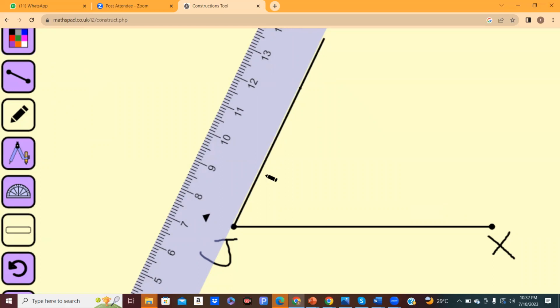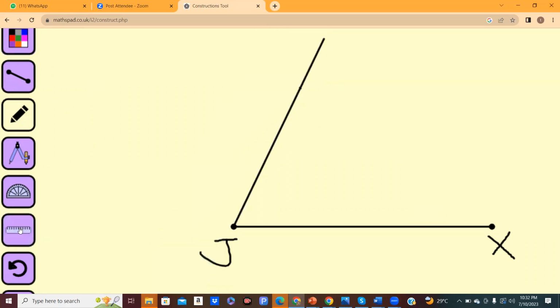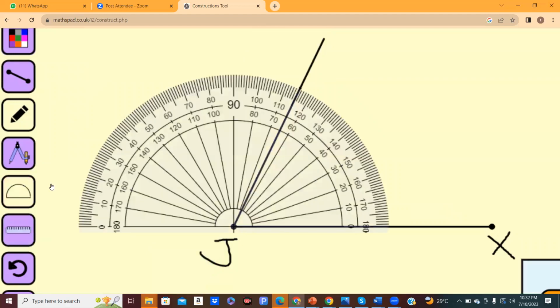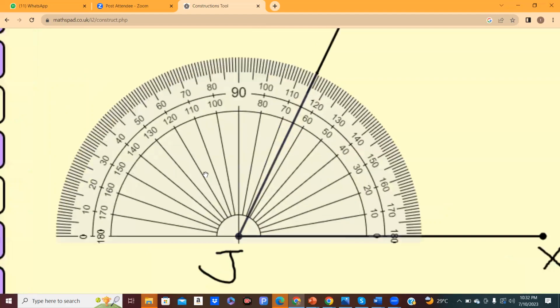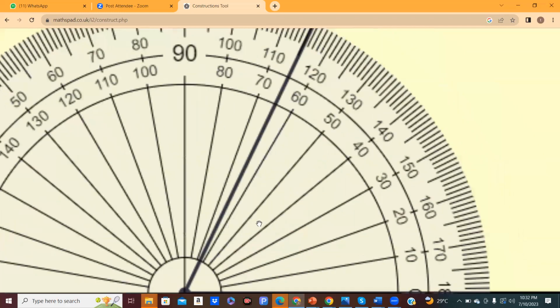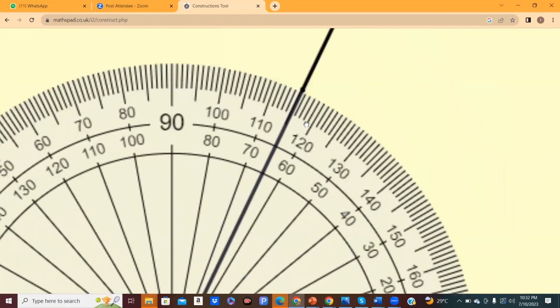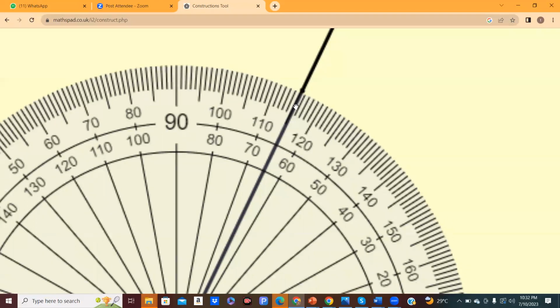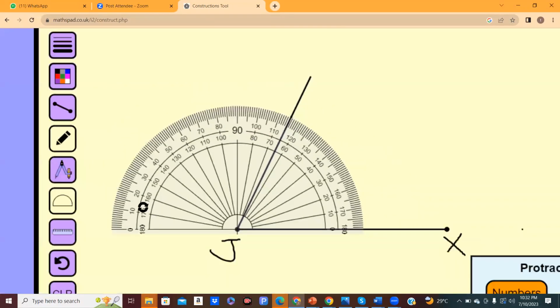All right, so let's measure it and see if it's 65 degrees. So let's take our protractor. If we look carefully, this is 60, this is 61, 62, 63, 64, and 65. This is nice. I like this one. So let us label it.